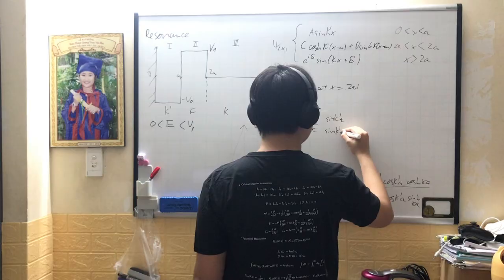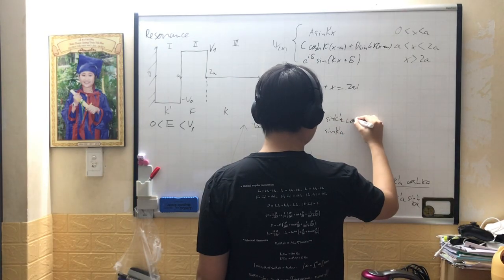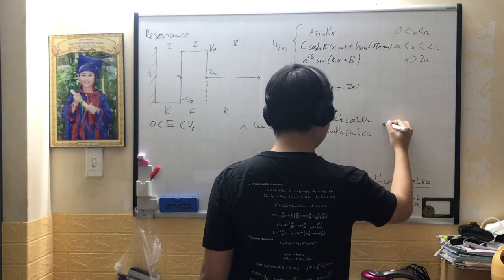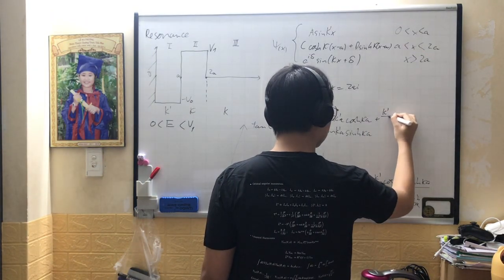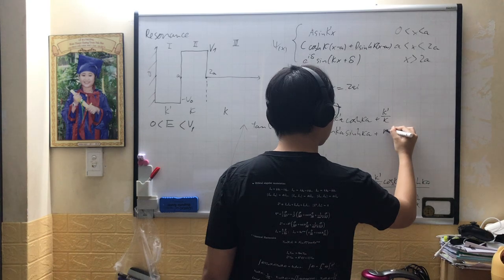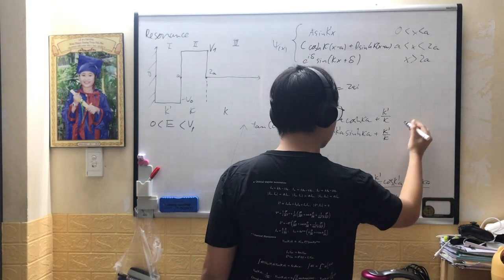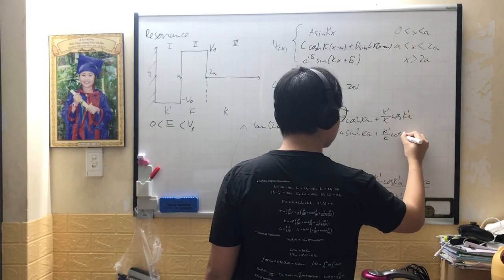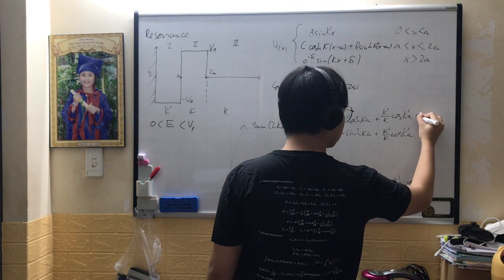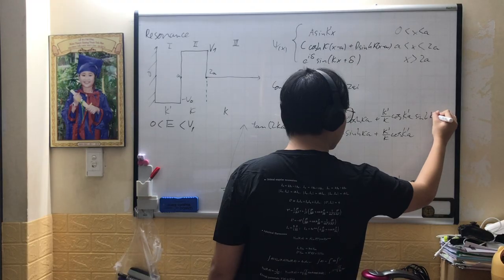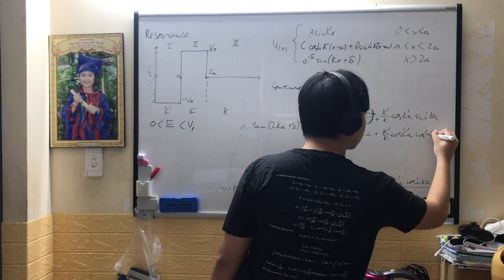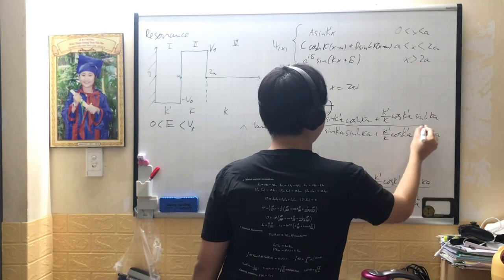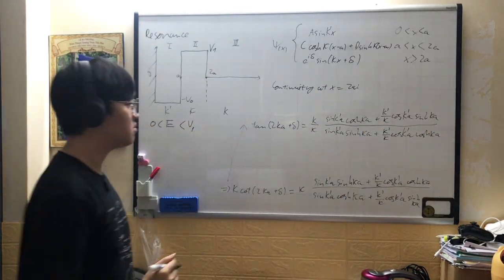Sine, cos, sin, kappa, k over kappa, sinh kappa A, cosh kappa A. This is your final solution.